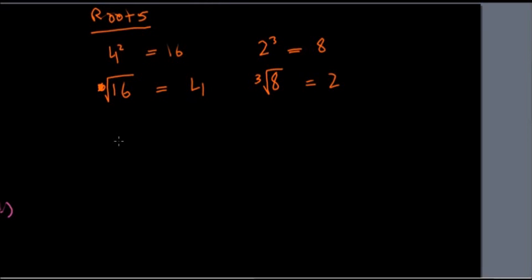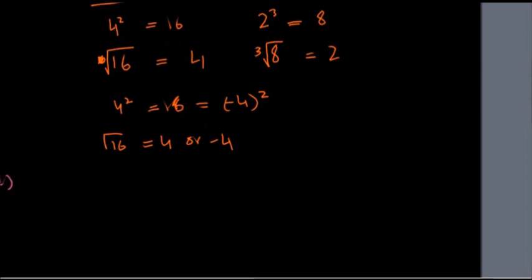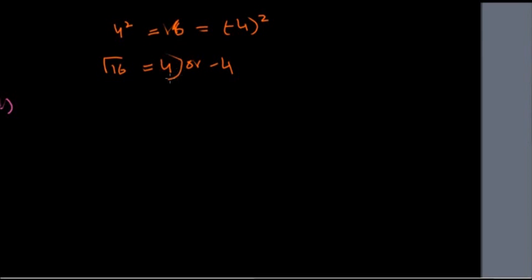Now another thing to realize is that 4 squared will give me 16, as well as negative 4 squared would give me 16 too, right? So when I'm doing the root of 16, is this equal to 4 or negative 4? Well, in the case of GRE, it's always positive 4.